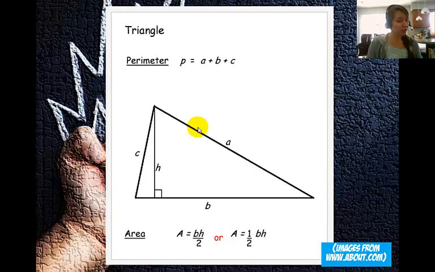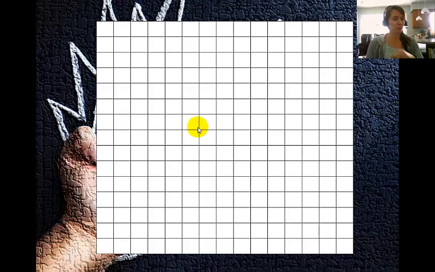Again, we're building off what we know. Triangles, again, perimeter goes all around, but for the area of a triangle, if I make any shape of a triangle, and I'll just make this one, if I were to double it and then stack it on top, look what I just made. I made a parallelogram.